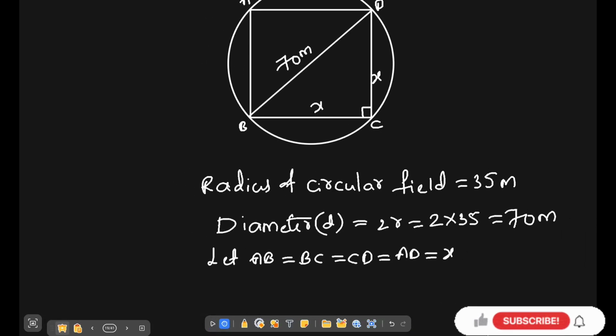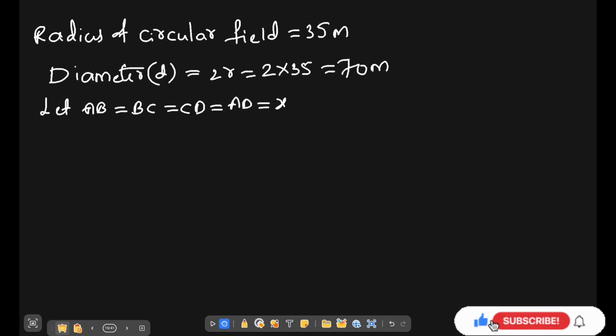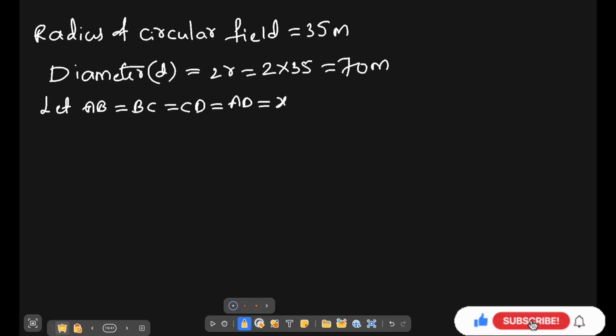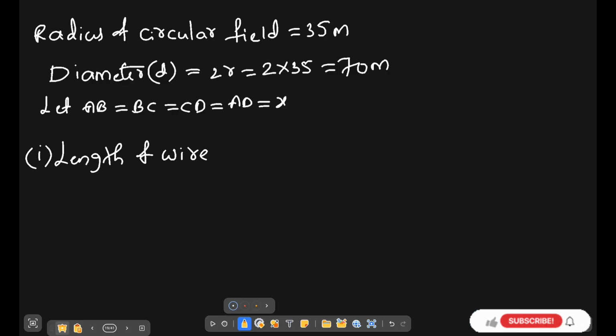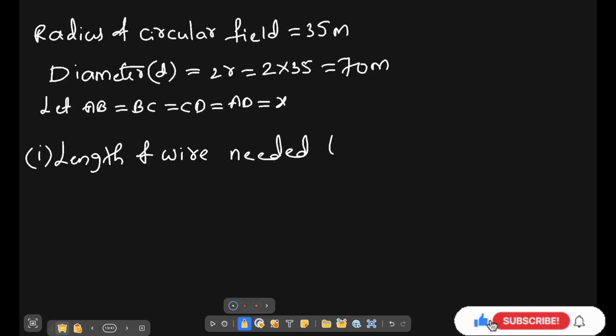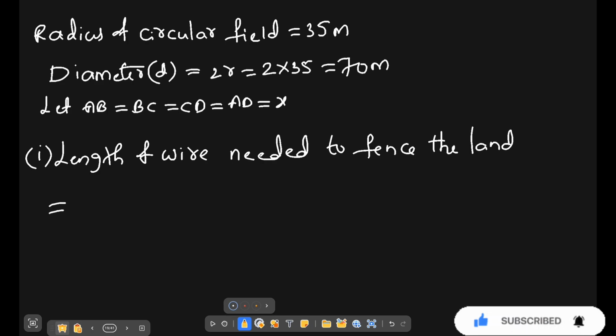So the length of wire needed to fence the land will be equal to the circumference of the circle, 2 pi r.